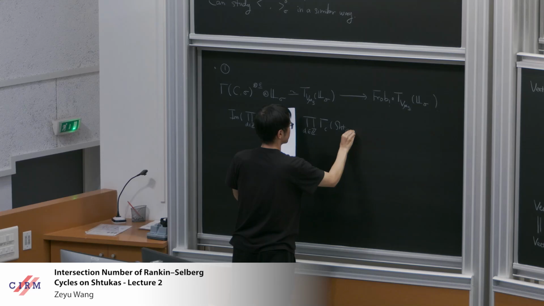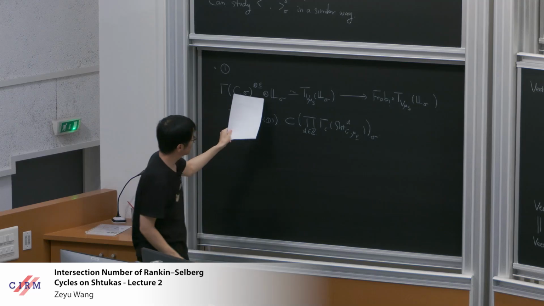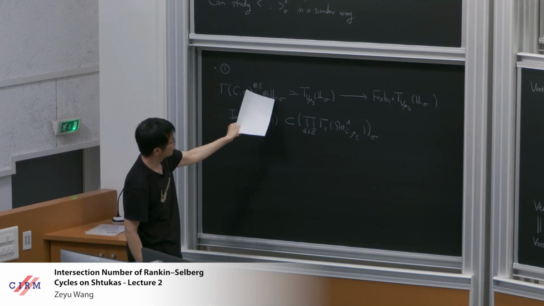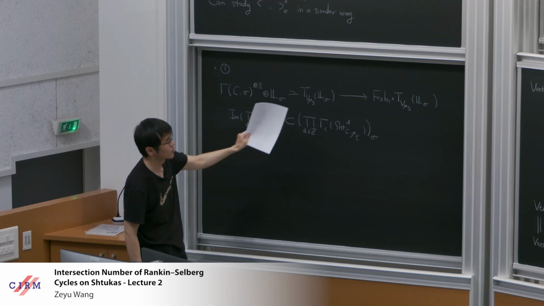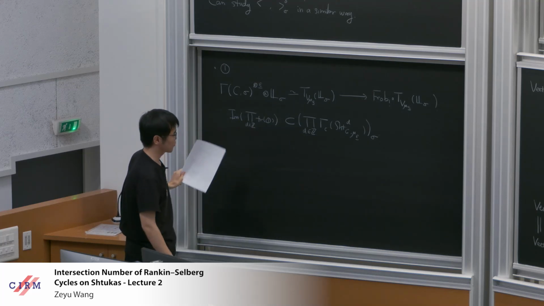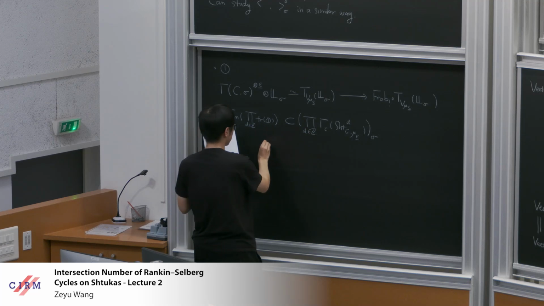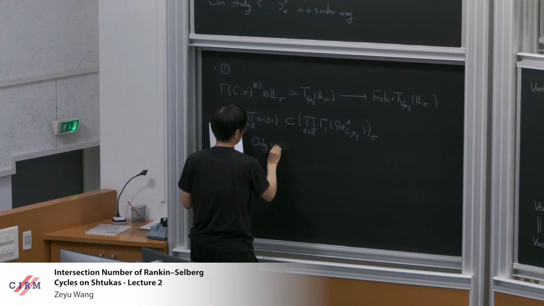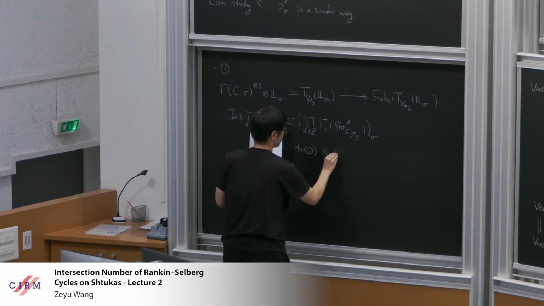It's formal from the construction that this image lies in the sigma isotypic part, because from the Hecke eigenproperty of this, you can deduce the Hecke eigenproperty for its trace, right? So this is formal. So the only thing you need to show is that trace one is injective.